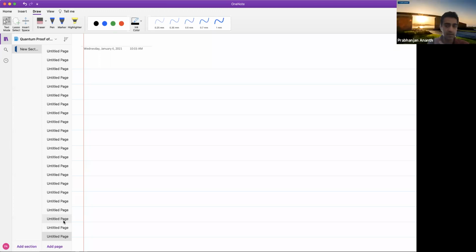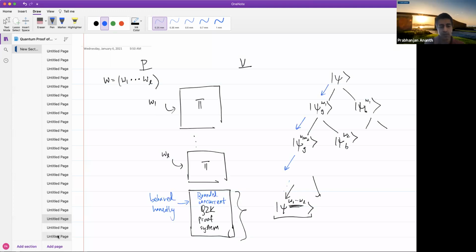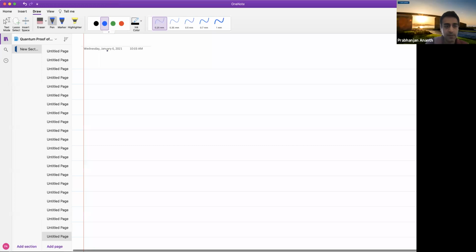Yes, exactly. It will only apply to the ZK part. But to prove quantum zero knowledge, we need to redo the proof. Okay, so let's do that.